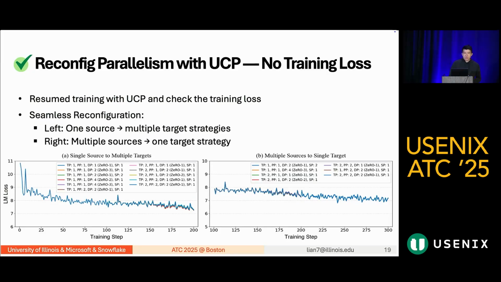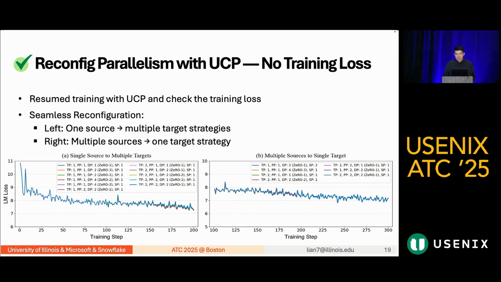What we did is run the source parallelism configuration for 200 iterations and record the training loss. Then we resume the training from the saved checkpoint at iteration 100 and check whether the training loss between iteration 100 and 200 overlaps with the original one.